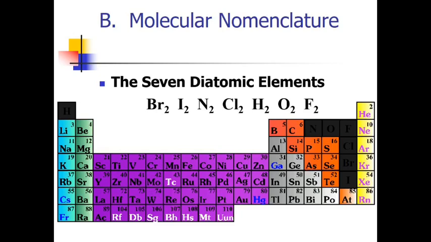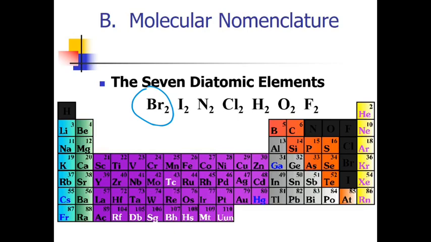And these are a little different, because if I were to ask you, what is the name for Br2? The most common answer I hear is dibromide. I also hear bromide, dibromine.